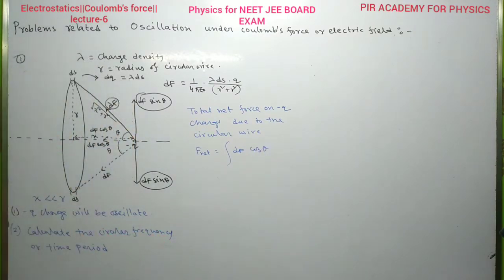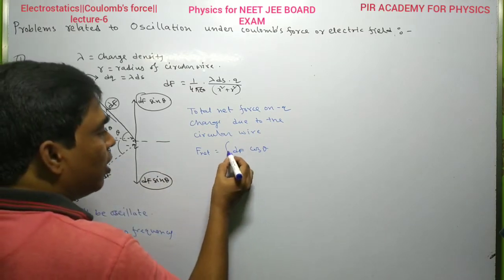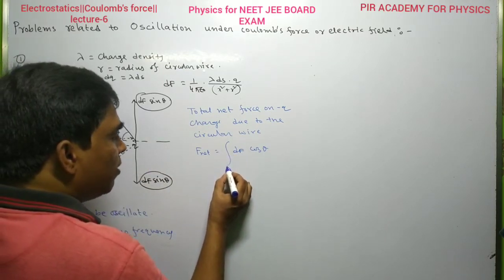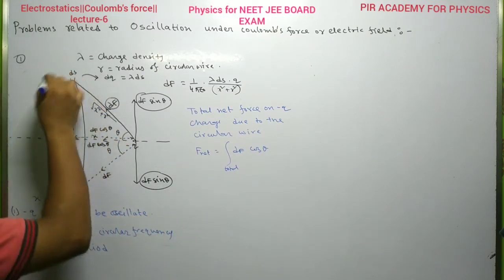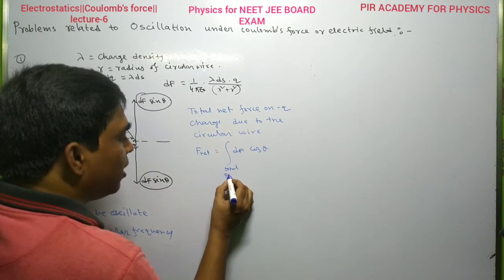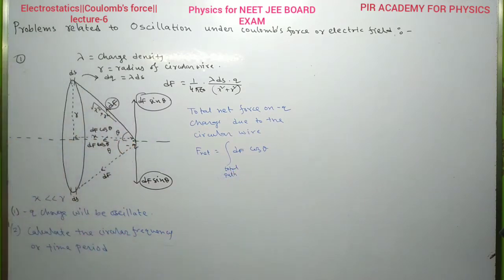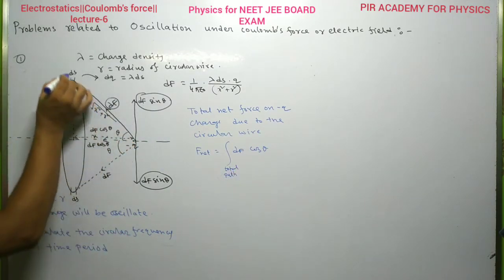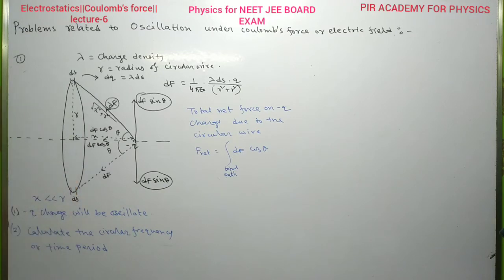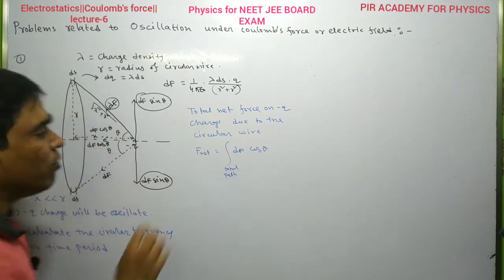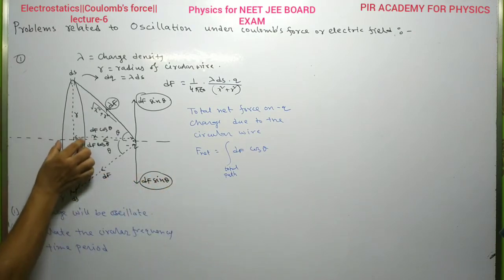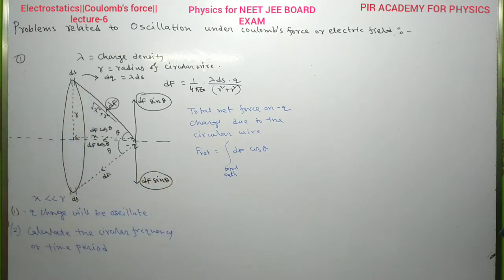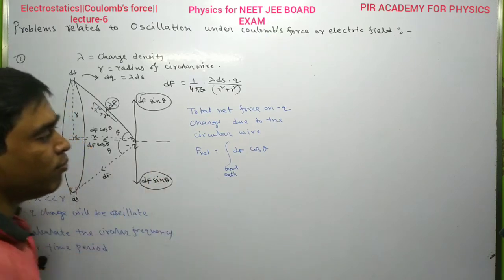If I take only df cos theta, then it will be closed, which means the integration will be over the total path of this circular wire. If I take 2 df cos theta, then you have to integrate over half the path of this circular wire. So this is the F net.